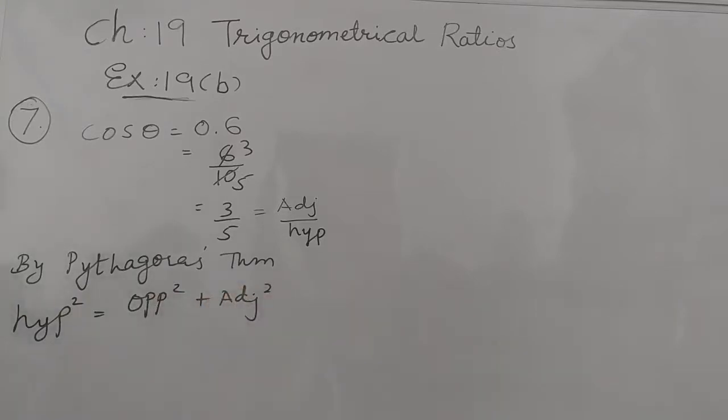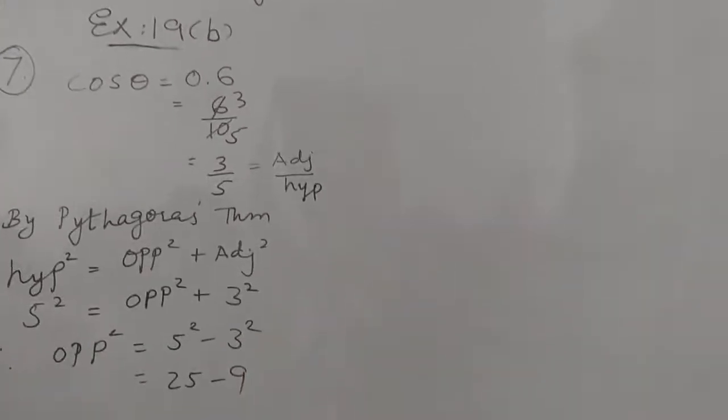Now using this, I put values here. 5 square is equal to the opposite side square, which we want to find out, plus 3 square. Therefore opposite side square is equal to 5 square minus 3 square, 25 minus 9, that will be 16. Taking square root, the opposite side is equal to 4.